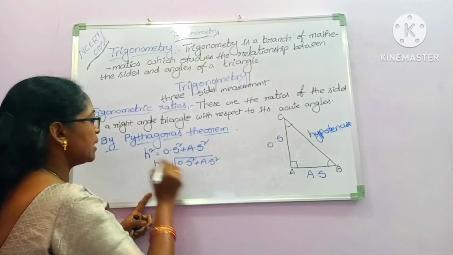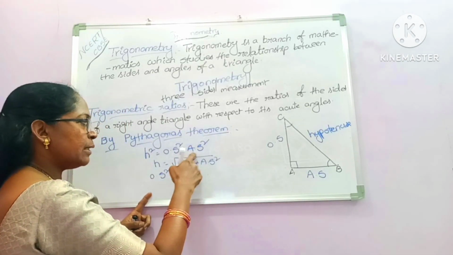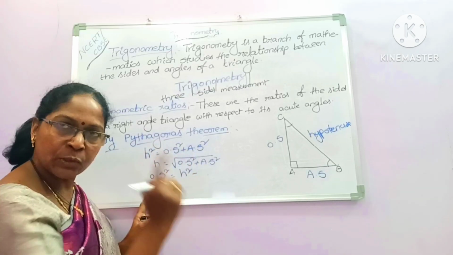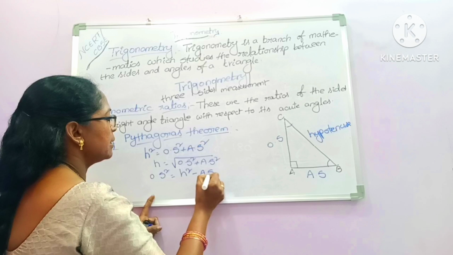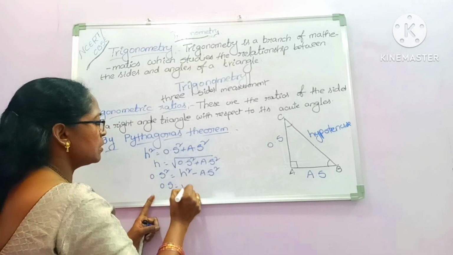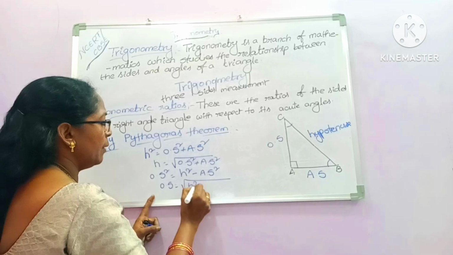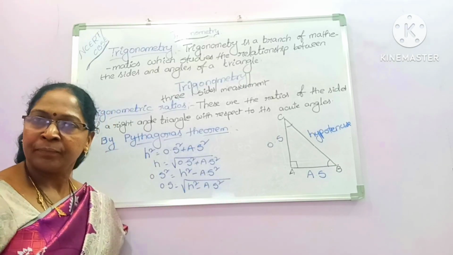So opposite side square equals hypotenuse square minus adjacent side square, because this we want, this we don't want, so you transfer it to the other side and it becomes minus. Then opposite side equals the square root of hypotenuse square minus adjacent side square.